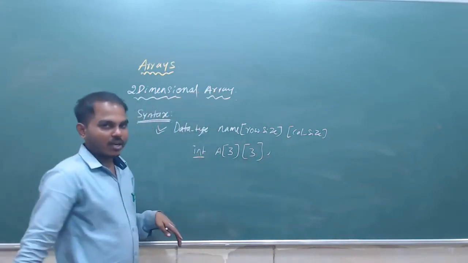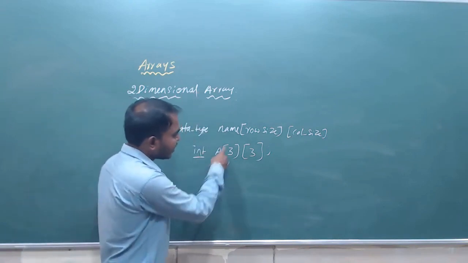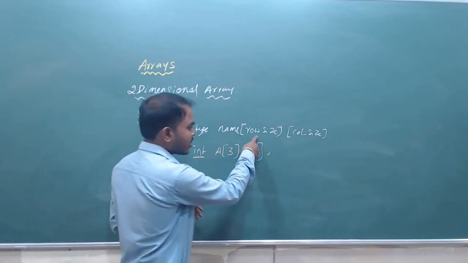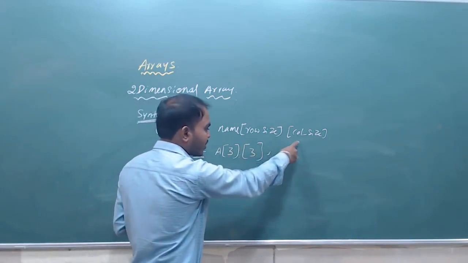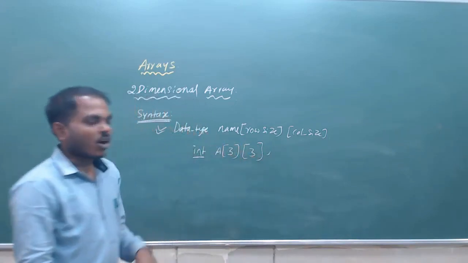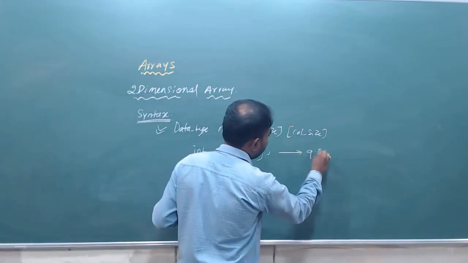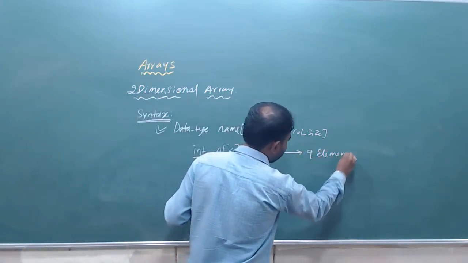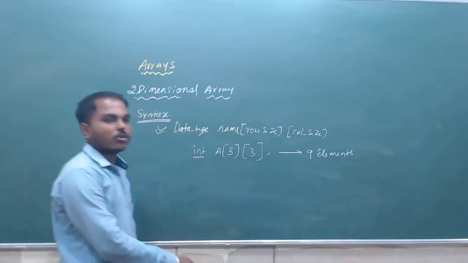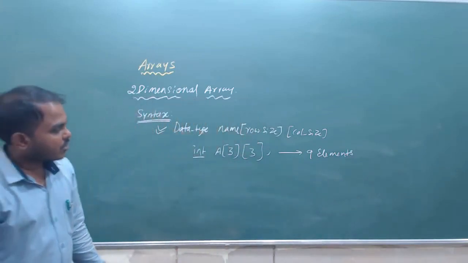Integer is the data type I have used, and A is the name of my array, and the row size I have passed 3, and column size will be 3. Means how many elements will be there? So there will be 9 elements, right? There will be 9 elements.